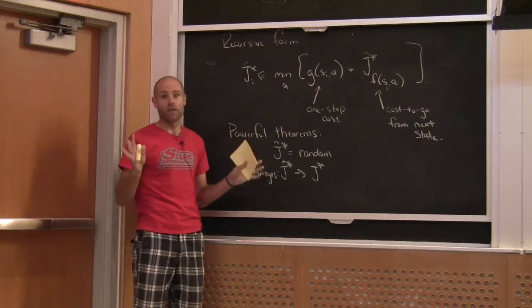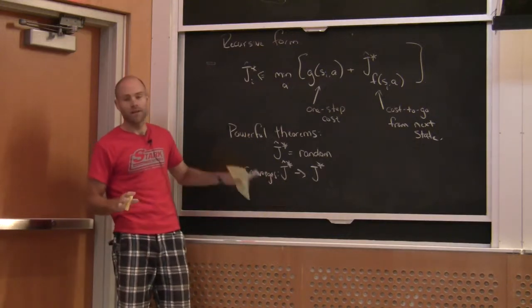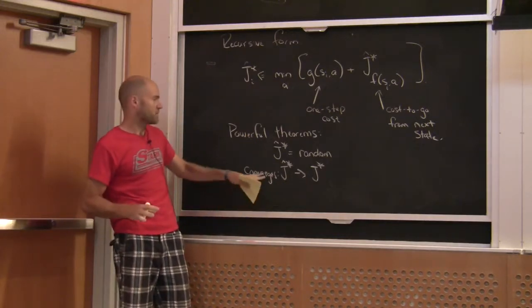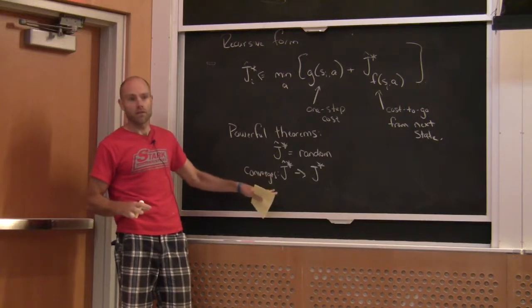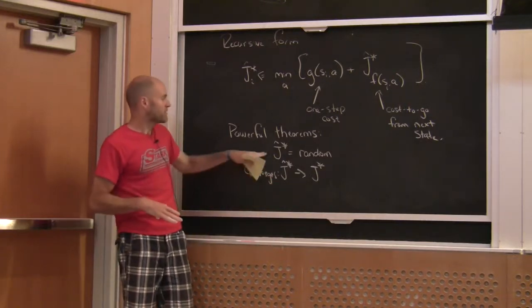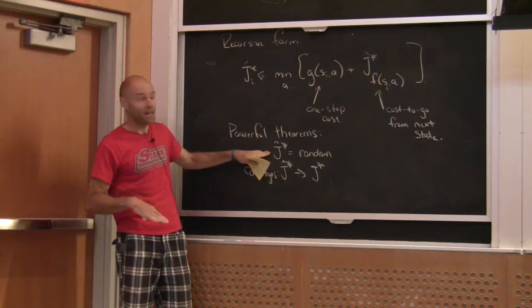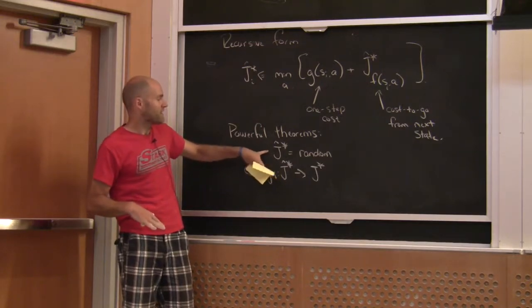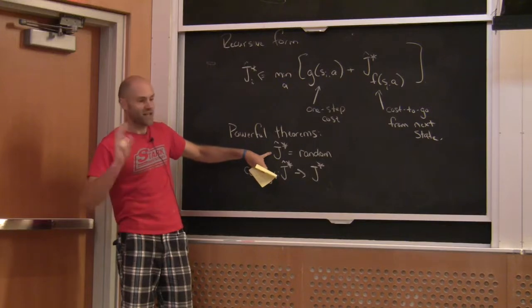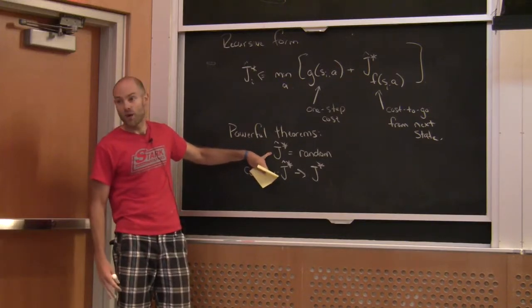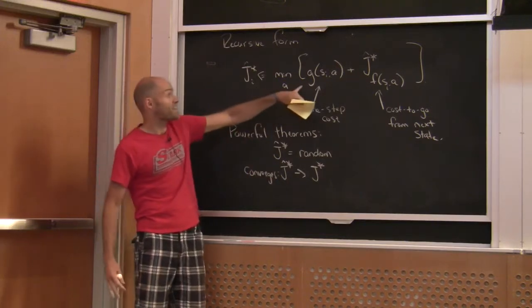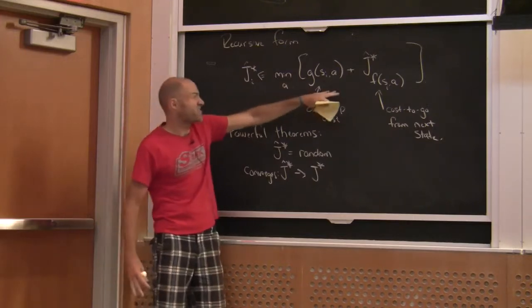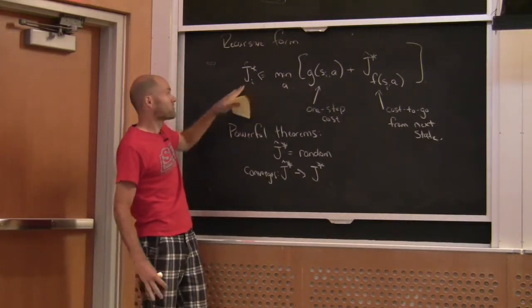There are really powerful theorems and great books and courses you can take about dynamic programming and the properties of that. But for our purposes today, it's enough to say I don't have to be slippery or careful. I'm just going to initialize my cost to go at random, and then apply this as an algorithm, which is just a vector update with a simple search, like that.